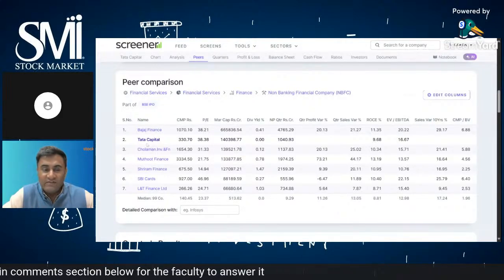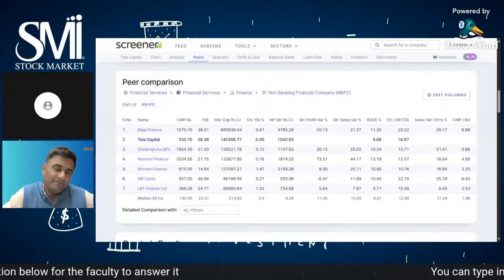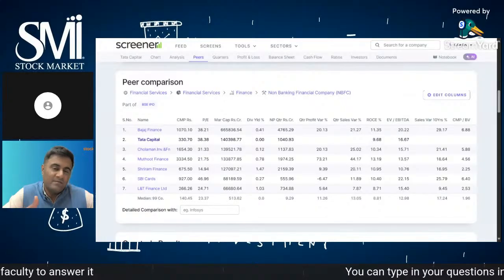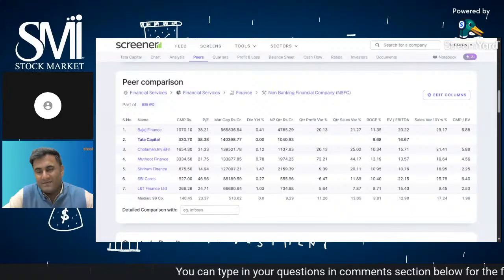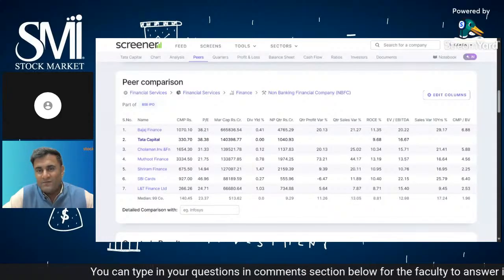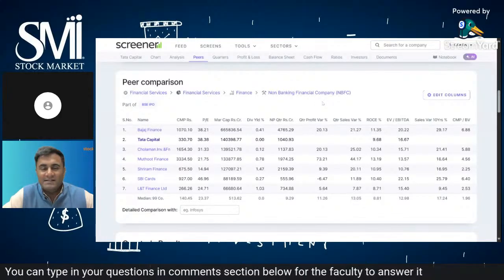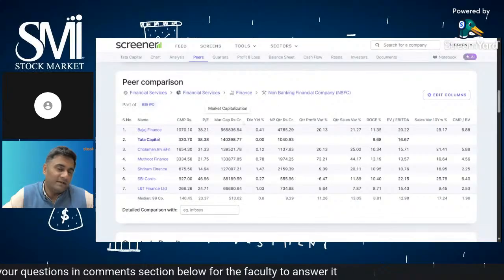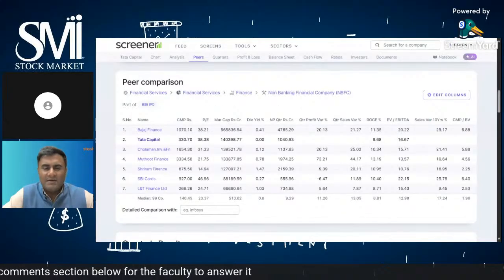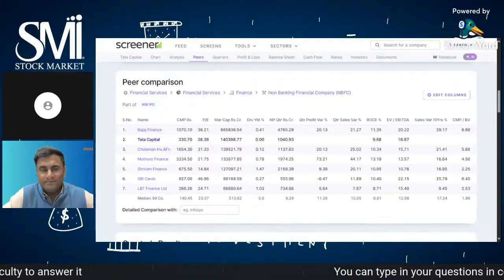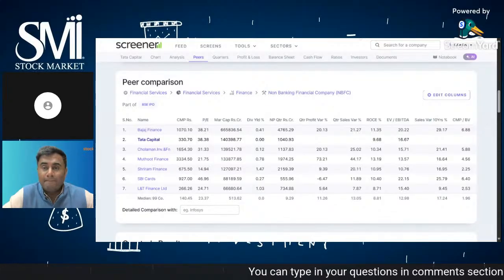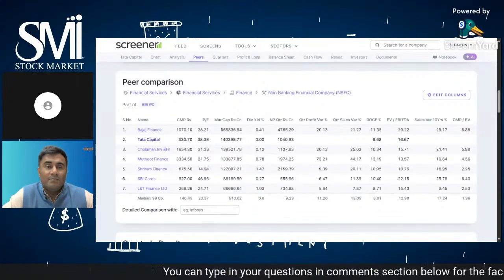So if given the choice between the two, Chola is the better stock, but Tata is not bad. So if two IPOs had come out simultaneously, then I would have gone for Cholamandalam. Otherwise, Tata Capital is also quite decent. Yep. Any more queries?